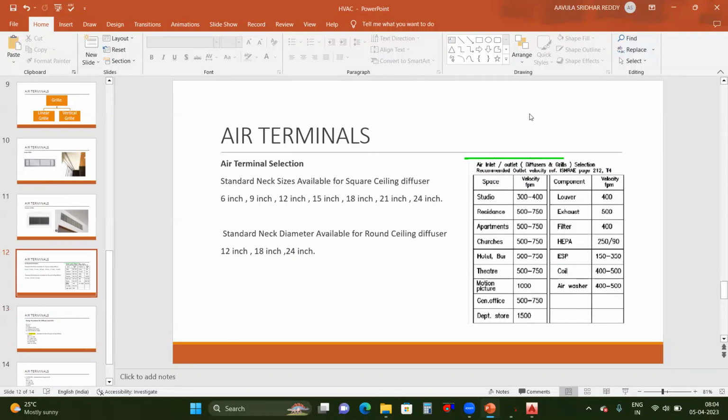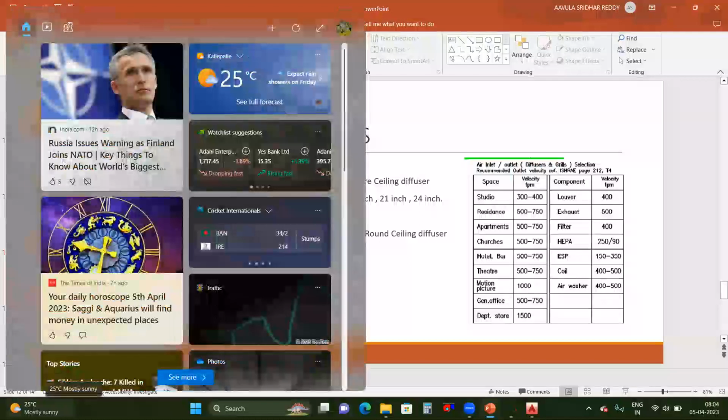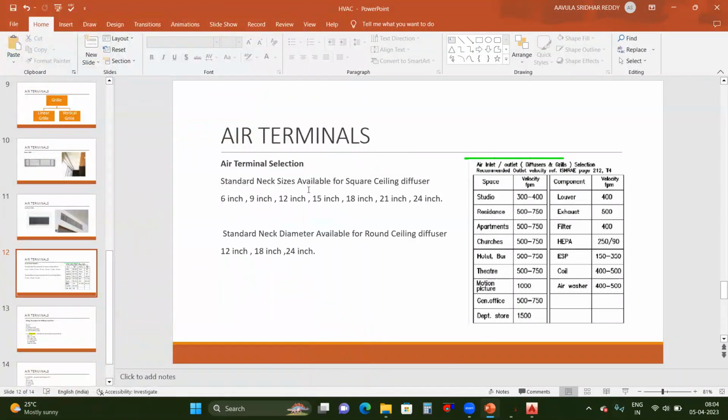So consider that the question is for apartments or general office space. So if you see apartment or general office space, what is the velocity they have shown? That is 500 to 750. So the minimum velocity should be 500, maximum we can give up to 750. So what we'll do, we will take 500.